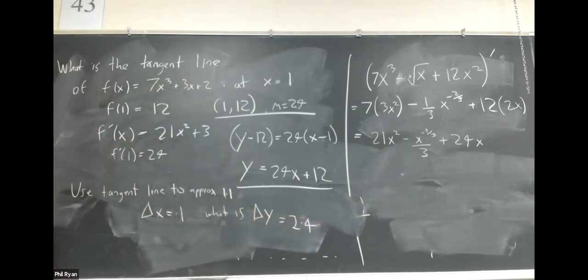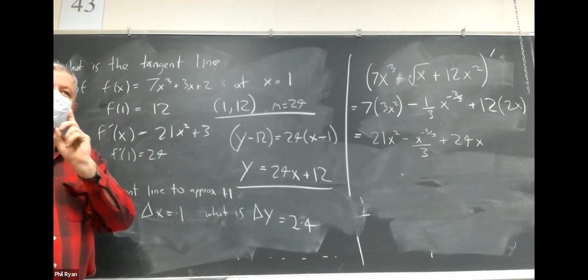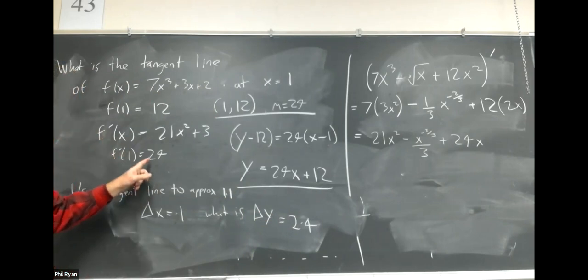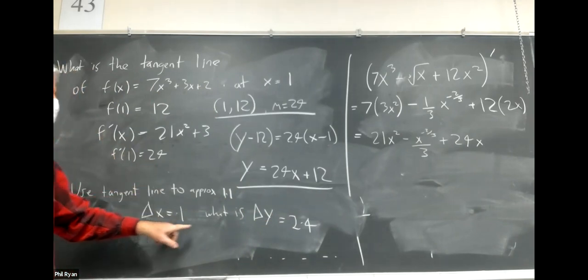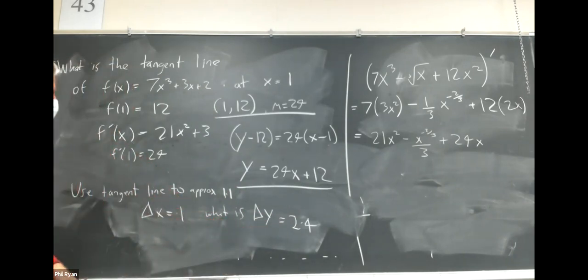How did I get 2.4? Because that's thinking of the derivative as a multiplier. It multiplies change in x to give you change in y. So the approximation to 1.1 has 2.4 as the change in y.